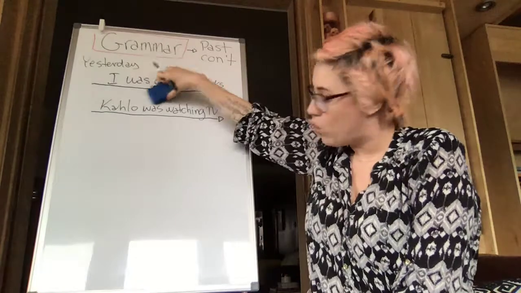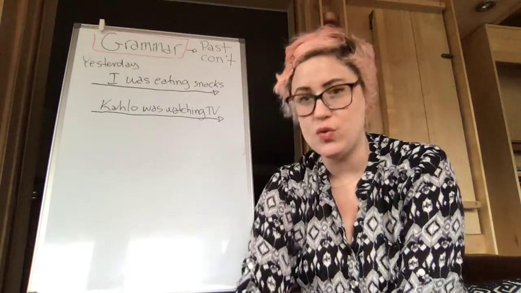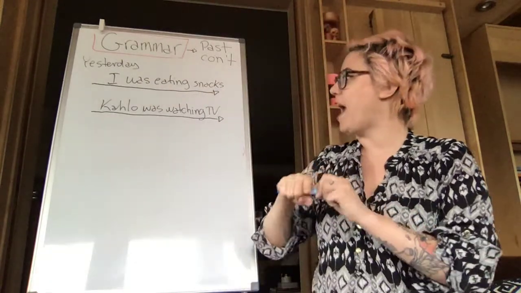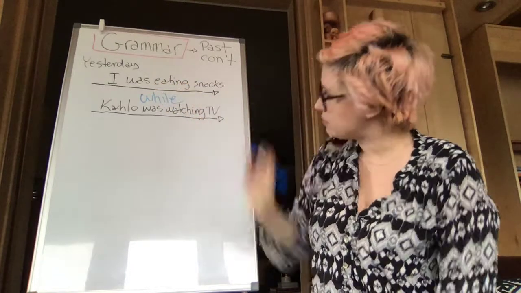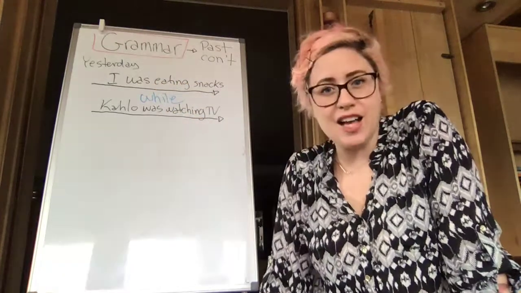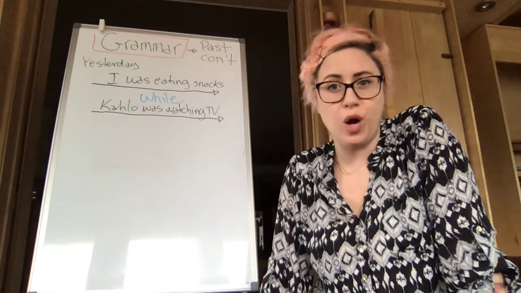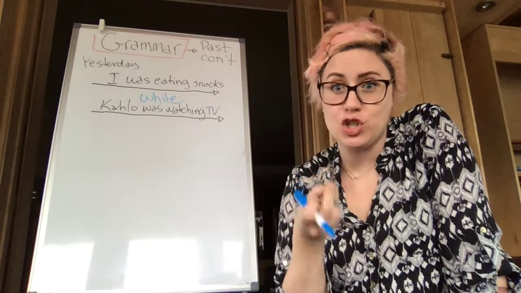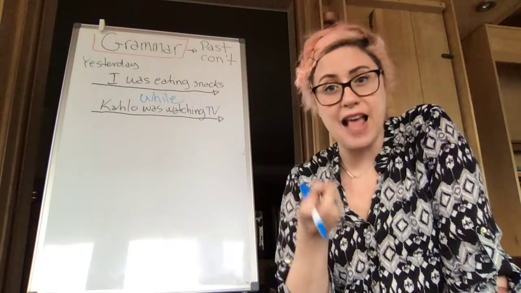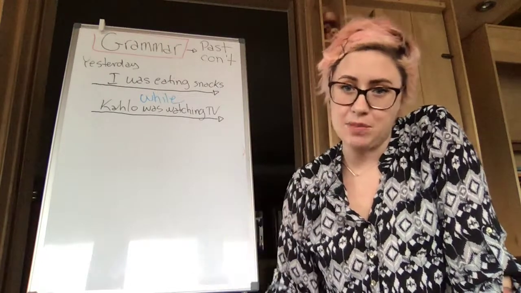A better, more clear word to use is the word while. I was eating snacks while Callow was watching TV. The word while really tells me that these two long, continuous actions are happening at the same time.